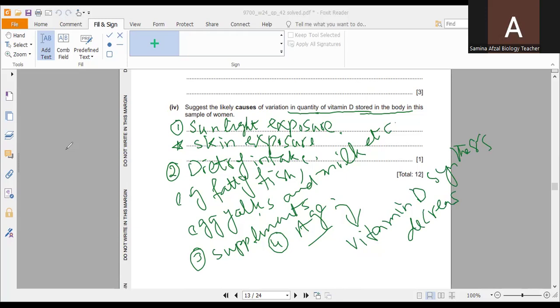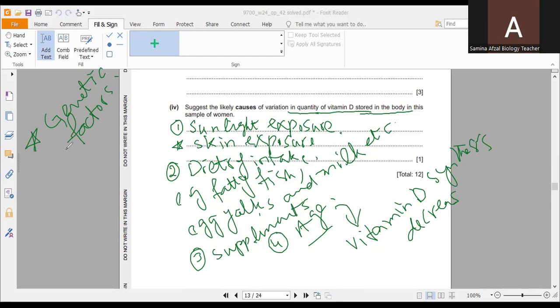So in this way, there are also some environmental factors and genetic factors. Genetic factors are also there, which can increase or decrease the variations.